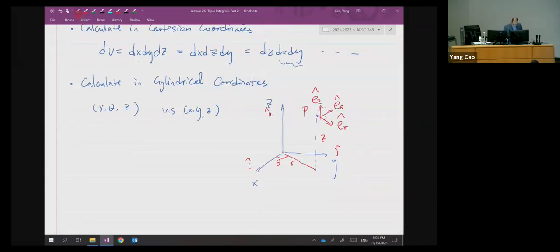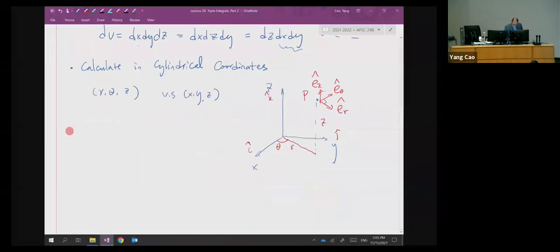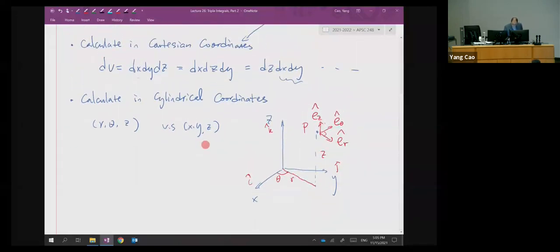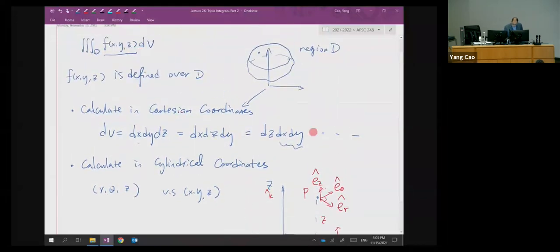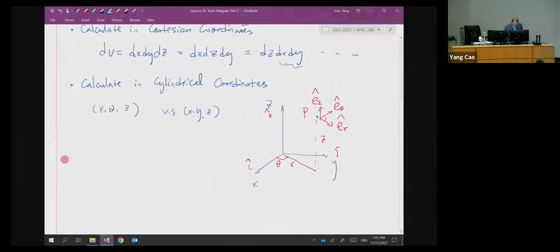And we also have demonstrated that if I decide to use cylindrical coordinates, then the triple integral will become the following. First of all, x can be reduced to r cosine theta, y is r sine theta, and z is still z. That's the connection between cylindrical coordinates and Cartesian coordinates.